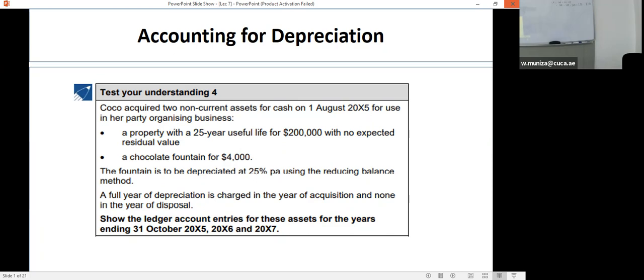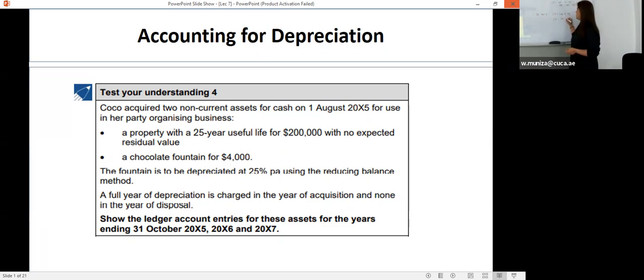Debit, depreciation expense account, credit, accumulated depreciation account. Again, by using that same method, we are going to calculate the depreciation at 31st October 2007, carrying value multiplied by percentage of depreciation. Again, we have to calculate the carrying value.